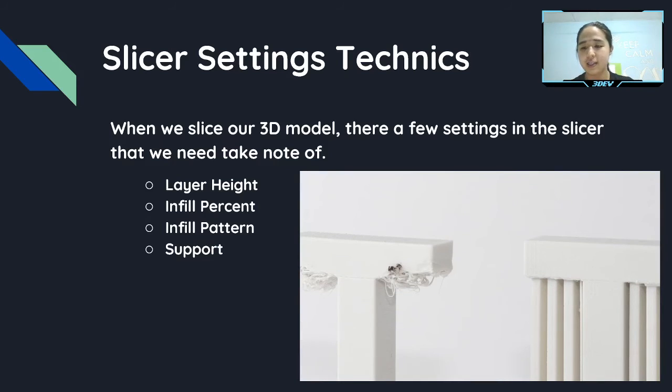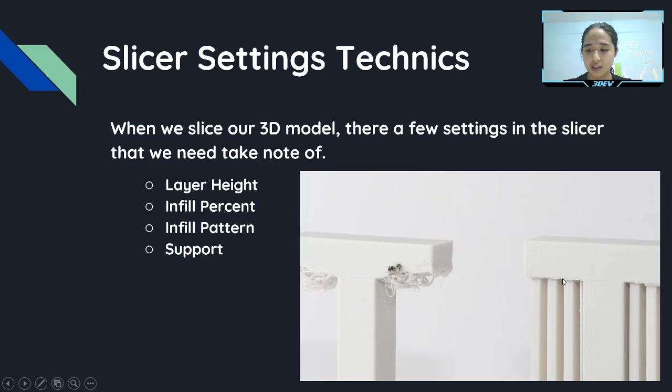Next, support. Support is a very useful function that you can use while you're doing your print. For example, you have two T models here. If you look at the first T, you have an overhang issue.